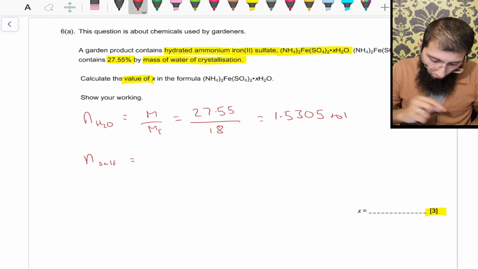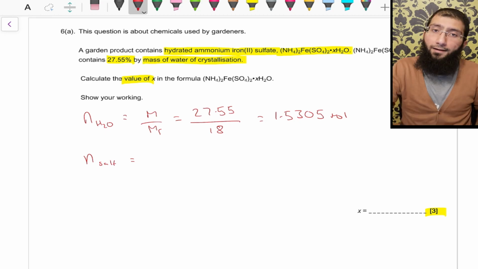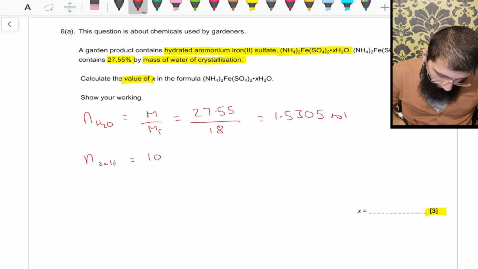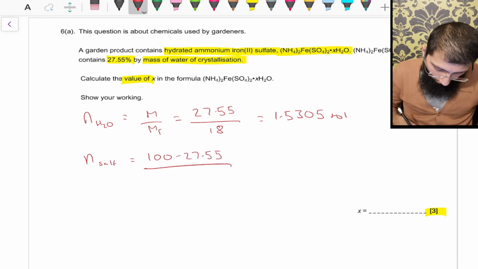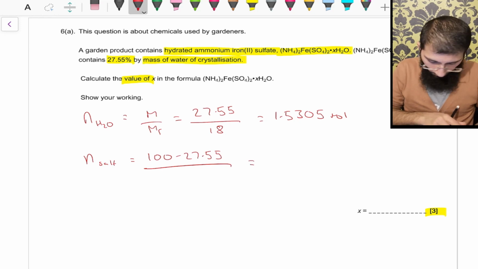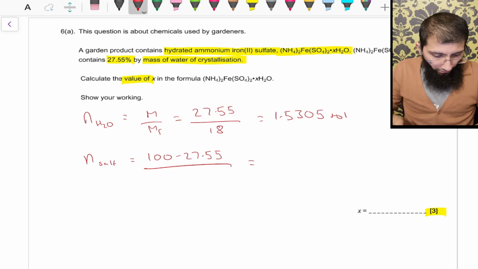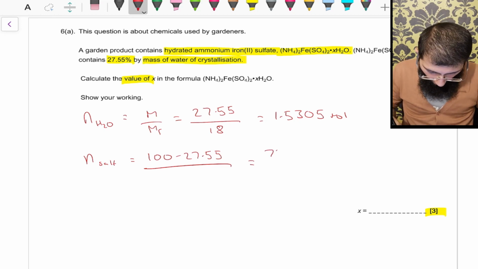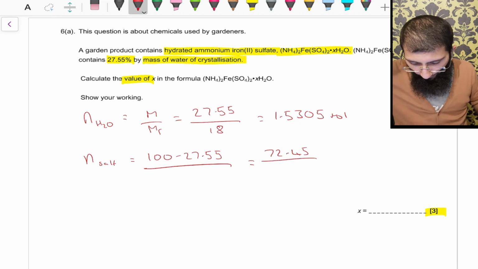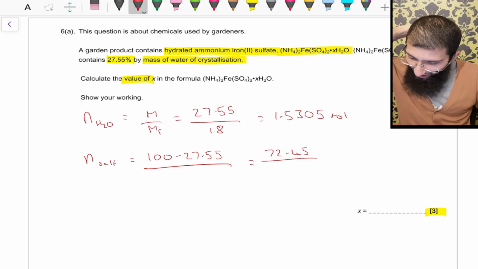Therefore, if I had 100 grams in total, of which 27.55 is water, it follows that the rest of it, 100 minus 27.55, is made up of the salt. That's equal to 72.45, and we need to divide by the Mr of this insane salt.